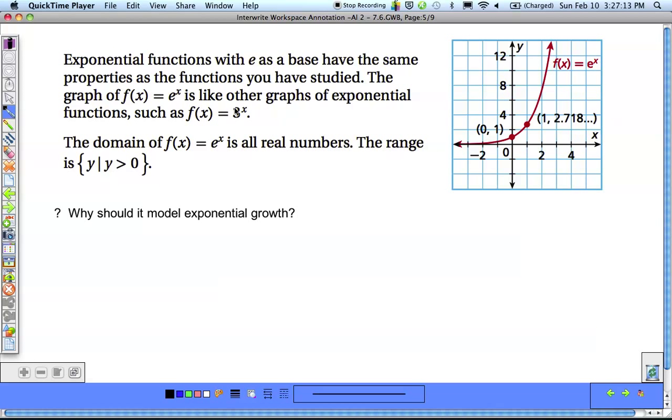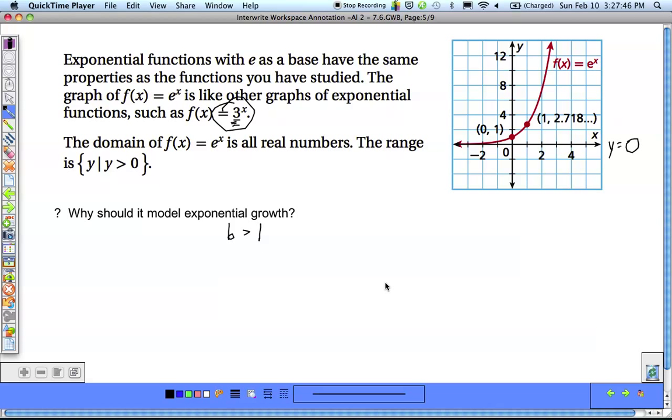Remember, this value represents our growth factor, and any number bigger than 1 is growth, any number smaller than 1 is decay. So it's going to move up like this. It's also going to have an asymptote at y equals 0. The domain is all real numbers. The range is y greater than 0, because e is 2.71. So it still has all those same properties, and it models exponential growth because our growth factor is greater than 1.